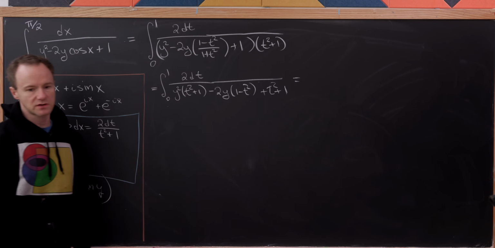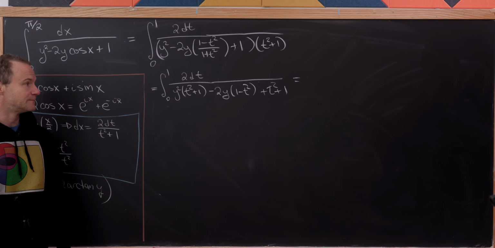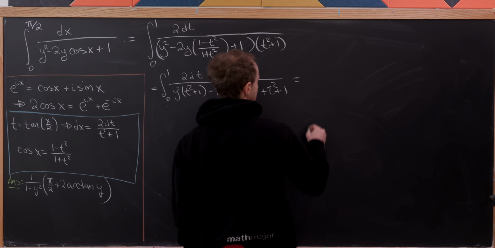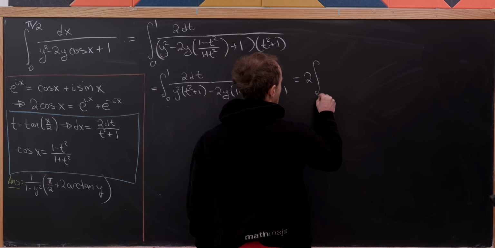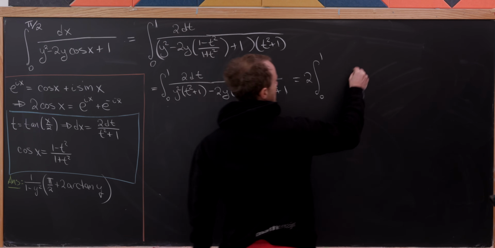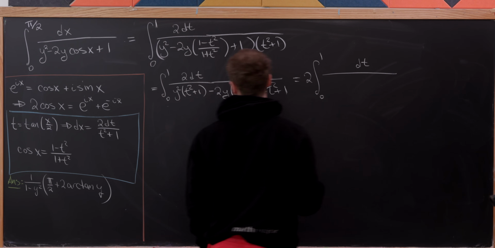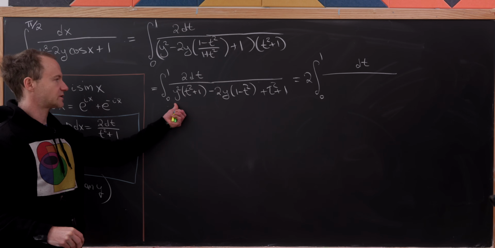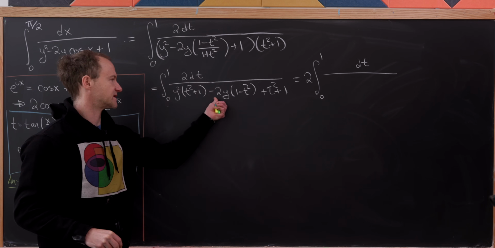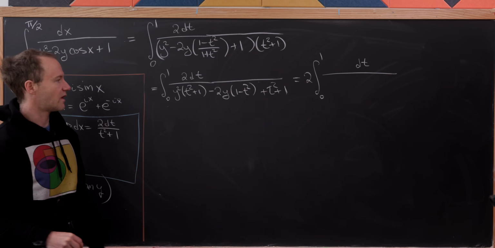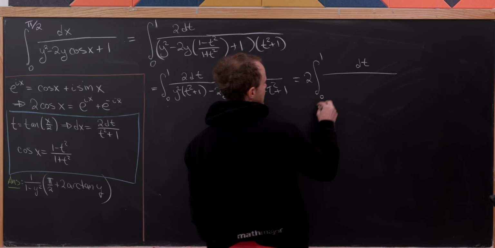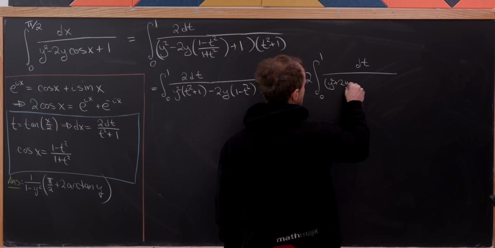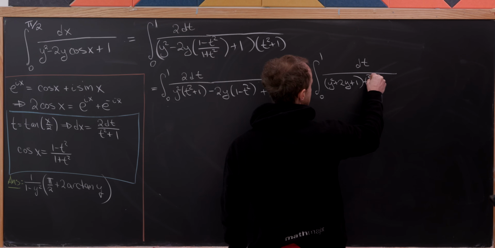But our integral is with respect to t, so we really need to collect all of the t terms in the denominator. So I'm going to bring this 2 out, and then we'll have the integral from 0 to 1 of dt, and let's see what our t squared term is. It's going to be y squared plus 2y, because the sign will change, and then plus 1 from right here. So we have y squared plus 2y plus 1 times t squared.